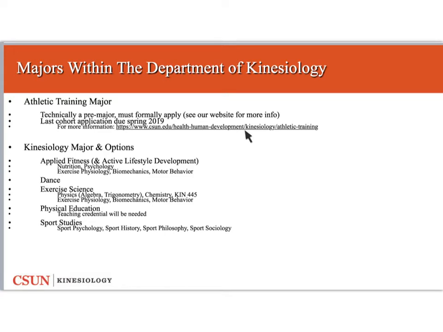The program within our department is going to be transitioning into a master's degree, and so the last cohort application is due in spring of 2019. So if you miss that application date, you will no longer have the ability to get your bachelor's degree in athletic training. After that, it will become a master's degree.